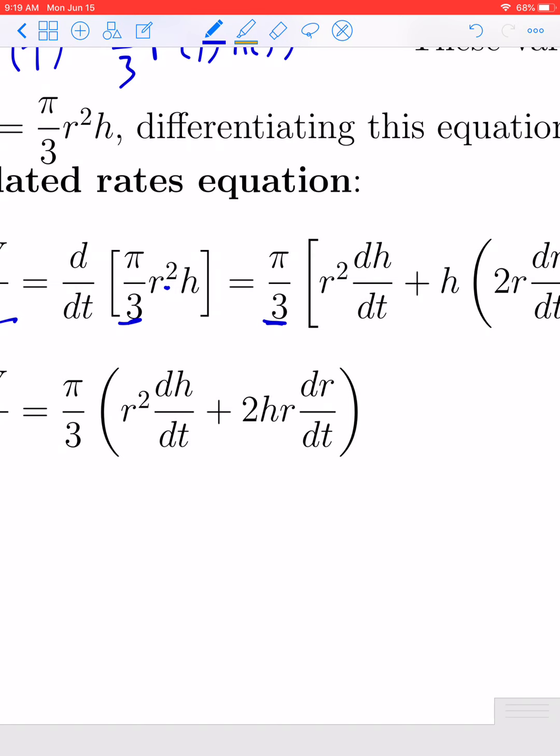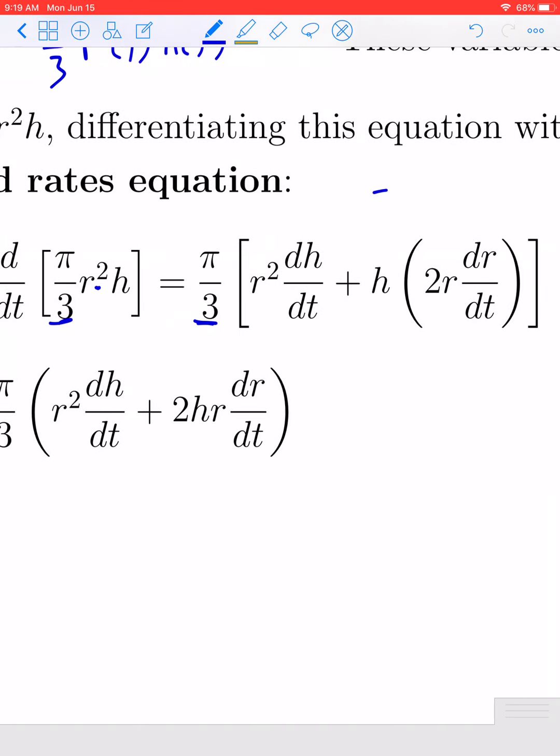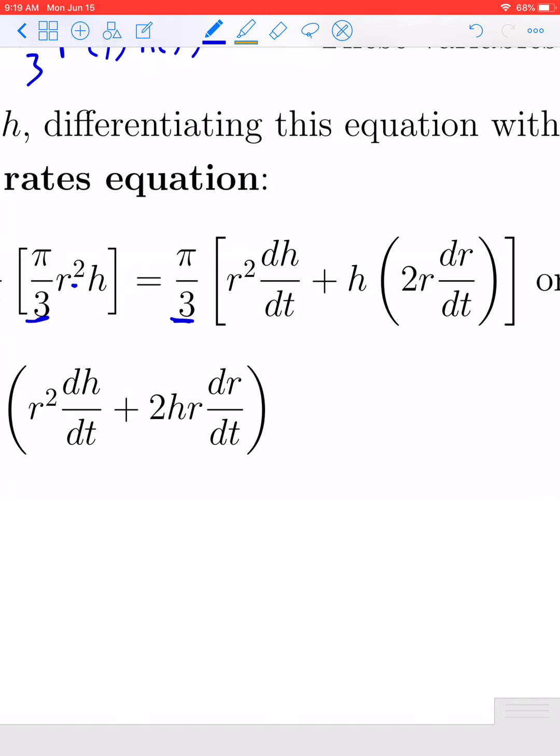According to the product rule, the derivative of r squared would be 2r, but because r depends upon t, the chain rule says to multiply by the derivative of r with respect to t, that's dr/dt. Leave the h alone, and then plus, now we leave the r squared alone. The derivative of h would be 1 times the chain rule, the derivative of h with respect to t, which we call dh/dt.